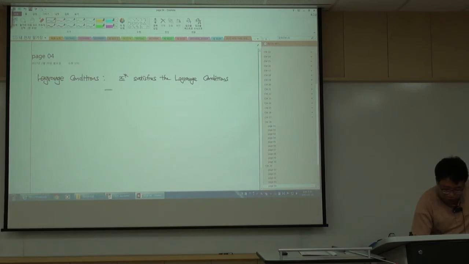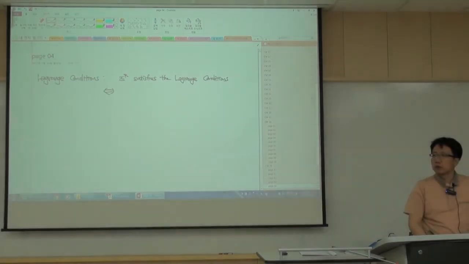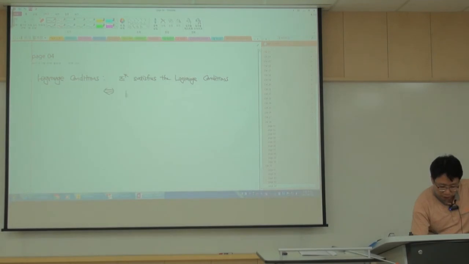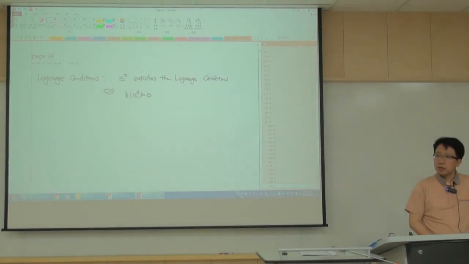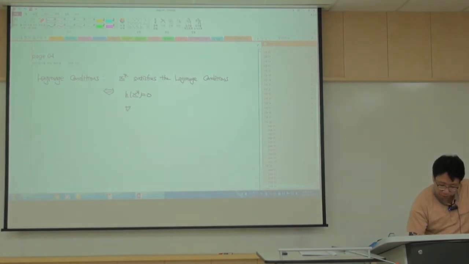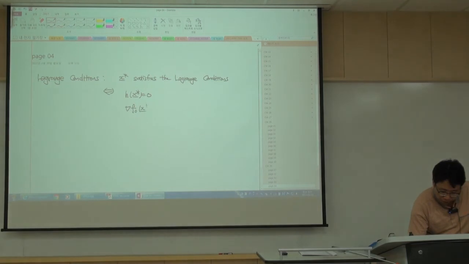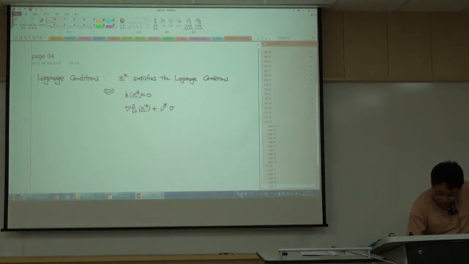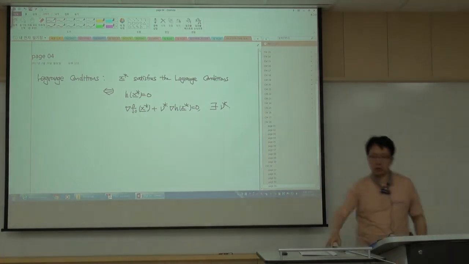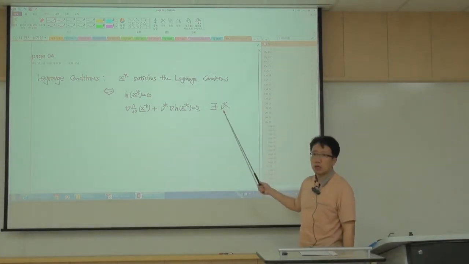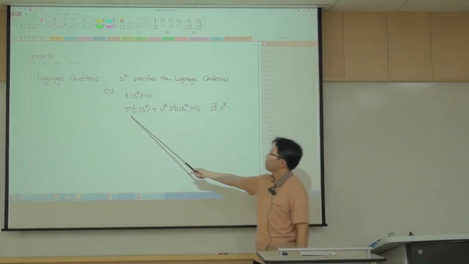Means what? First, h of x star is 0. Second, there exists some nu star, it could be 0, that satisfies this condition.